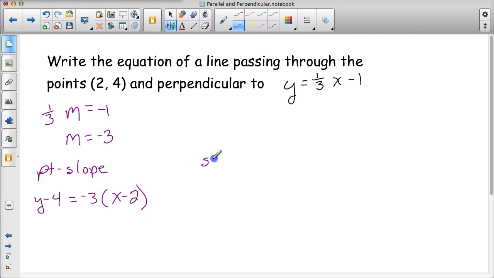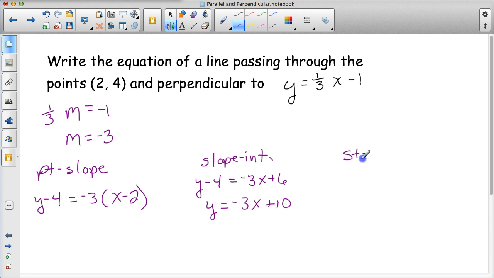Now if I wanted to write it in slope-intercept form, I can do a little bit of distribution. So I get y minus 4 equals -3x plus 6. Now I'm going to add 4 to both sides. So y equals -3x plus 10.